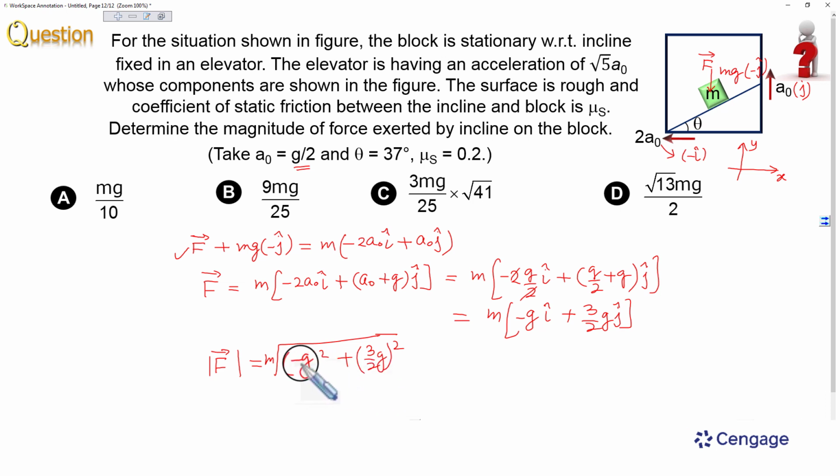After rearranging and solving, we get this equal to root of 4 plus 9, which is root 13, small mg divided by 2. So option D is the correct option.